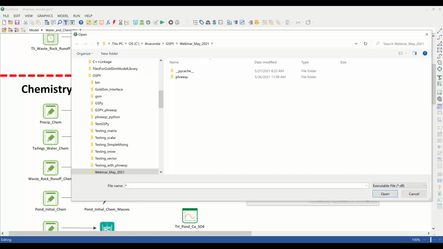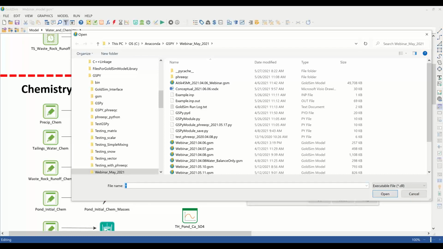But if you just put in an asterisk here and hit return, you can find everything which is in your folders. And so here's the actual dynamic link library. This is something which is installed when you install the GoldSim Python interface. It will install this for you.